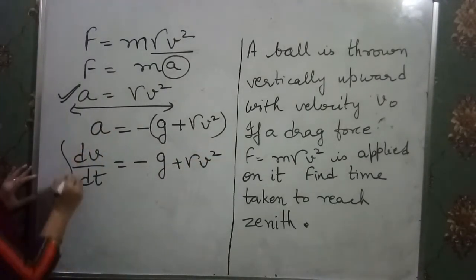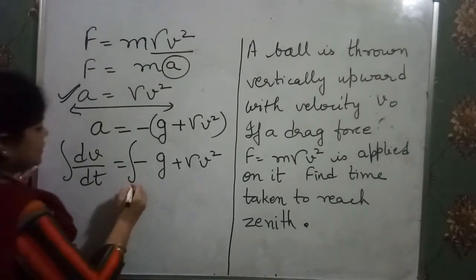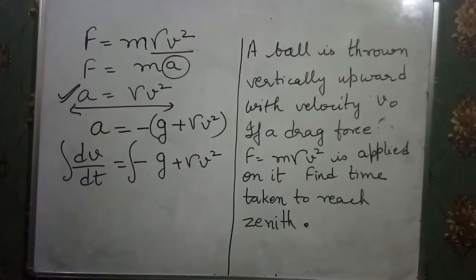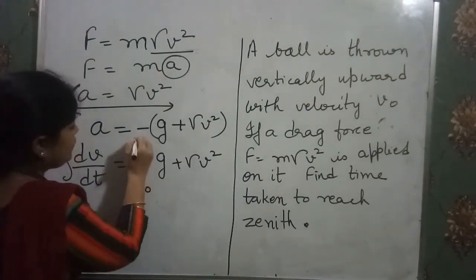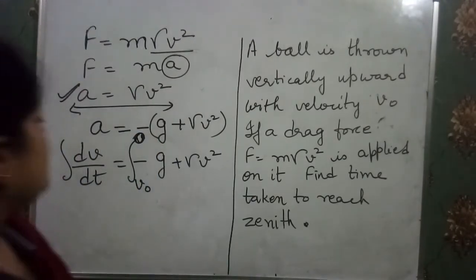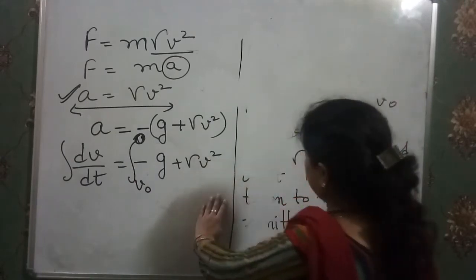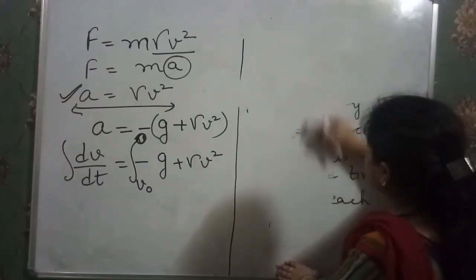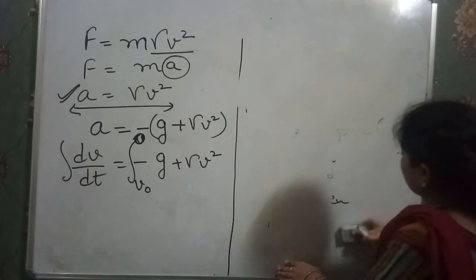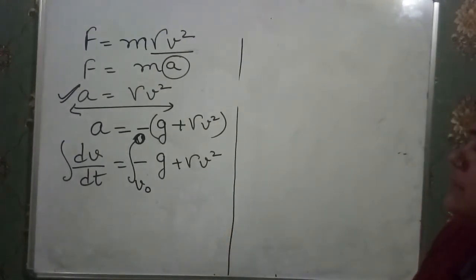Now we have to integrate both the sides. At the highest point the velocity becomes 0 and the initial velocity is v0, so we integrate between these two limits. So this equation becomes this way. You must remember that at the highest point the velocity of any particle is 0.